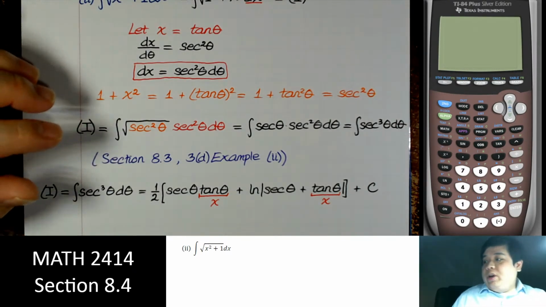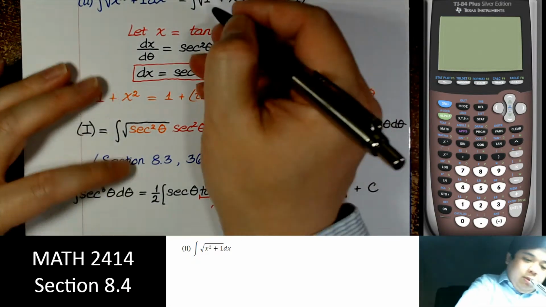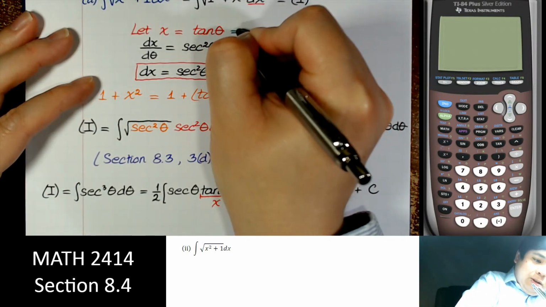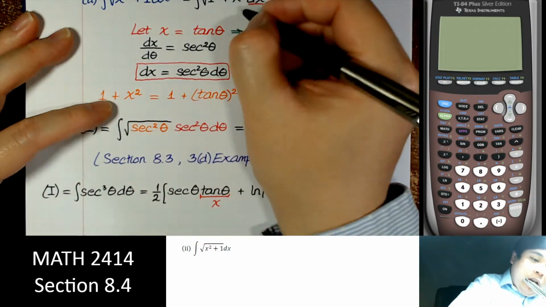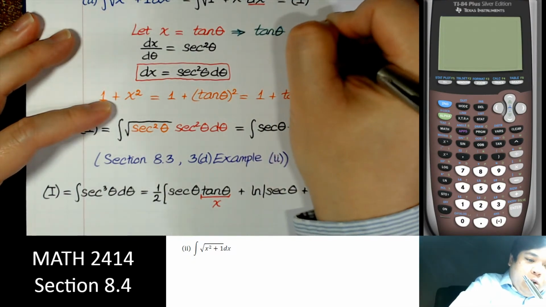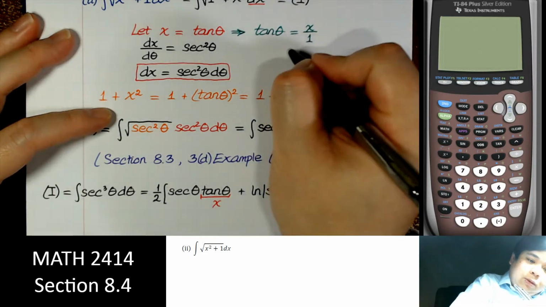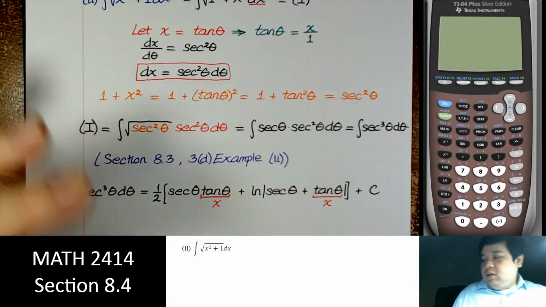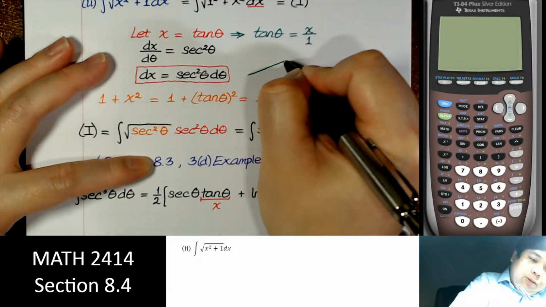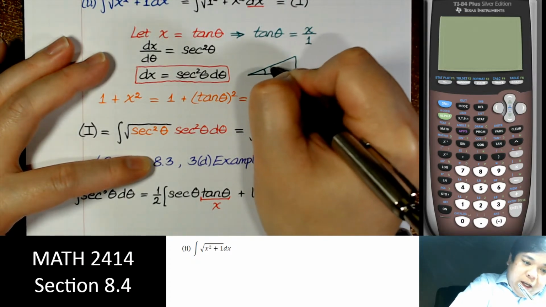Right. For that, we need to draw a triangle. Tangent equal to x, or I will write tangent is equal to x over 1. So a triangle, angle theta.